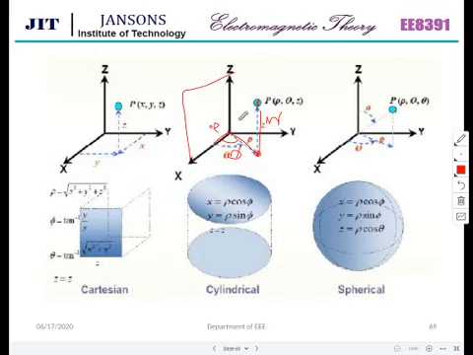Now if these two are the same point, what is the relation between x, y, z and rho, phi, z? That is what is given here. x should be equal to rho cos phi. How do we get this?